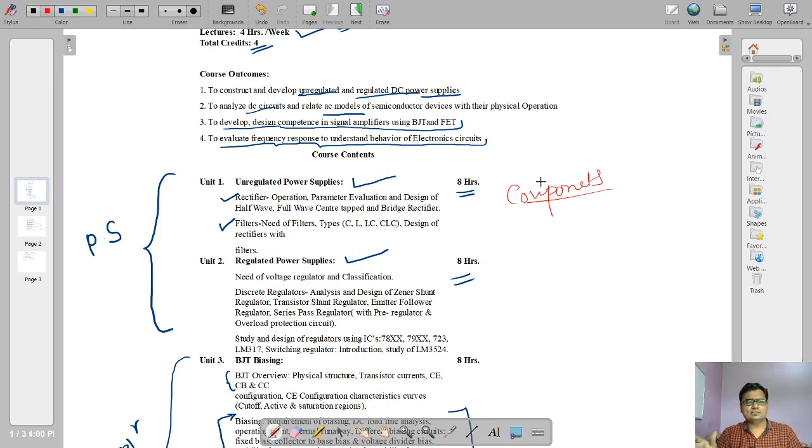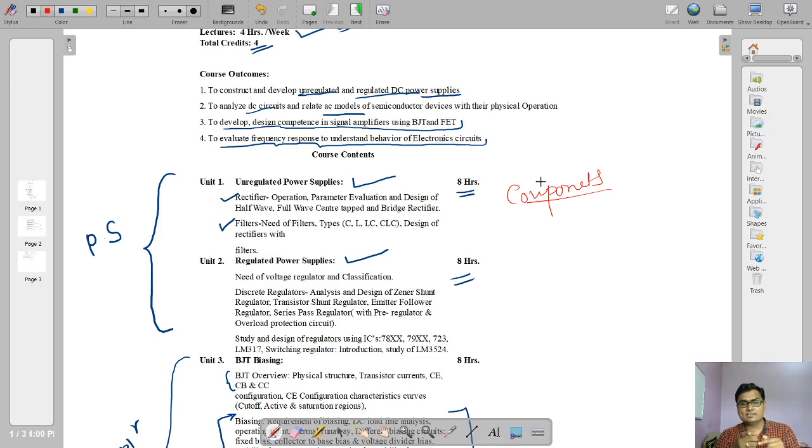For any electronic circuit, if you want to analyze it, first you need to understand what components are used in it. If it is a rectifier, which is well known to us, you have studied in first year also, we know that diodes are used in the rectifier. So first thing that must be clear is the diode.